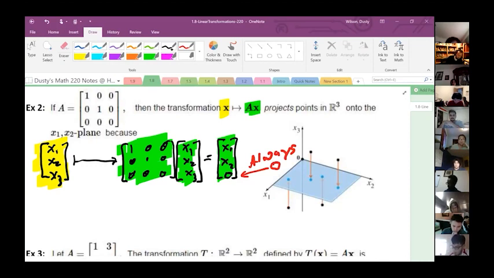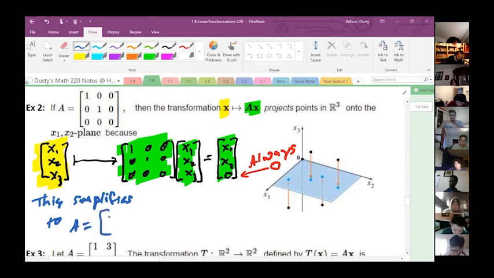And so we could write the whole thing as A equal to 1 0 0 0 1 0. Notice here I am 2 rows and 3 columns, whereas up above I was 3 rows and 3 columns.